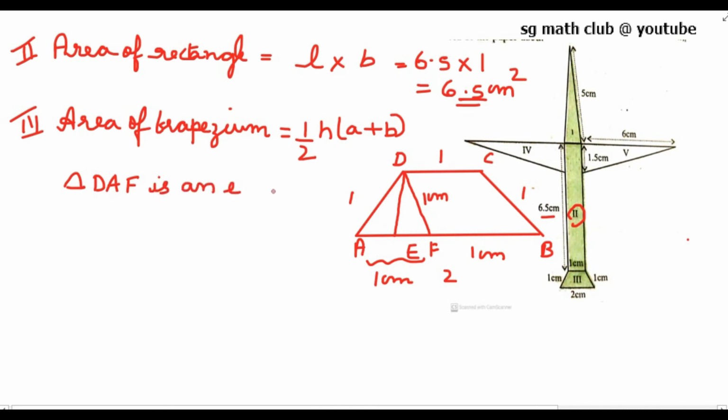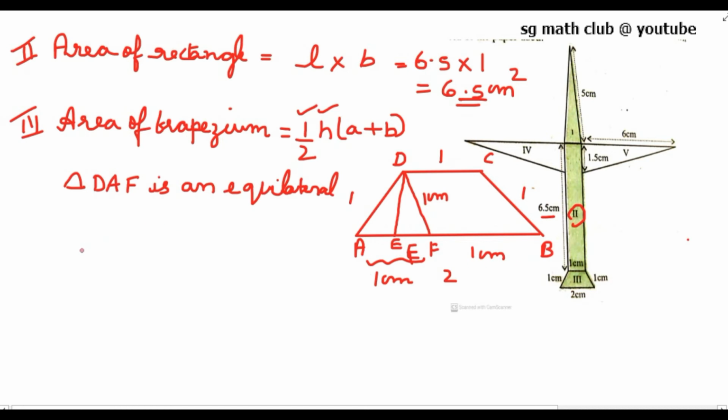So DAF is an equilateral triangle. Now we need to find the height DE. If we get the height DE, we can substitute in the formula half h into a plus b, where a is 1 centimeter and b is 2 centimeter.